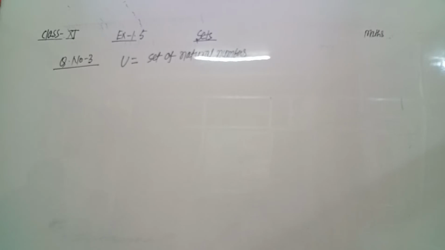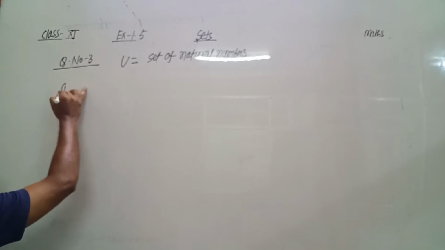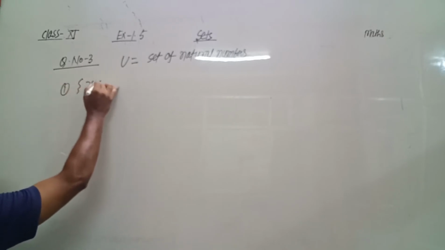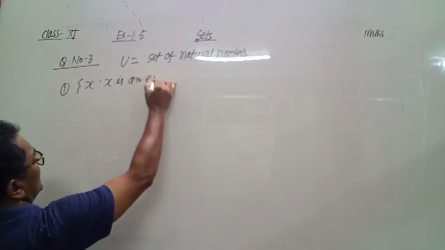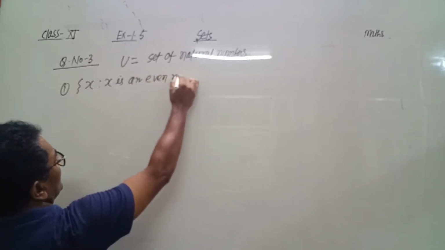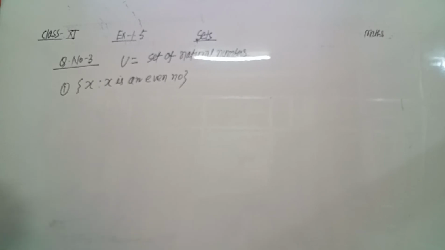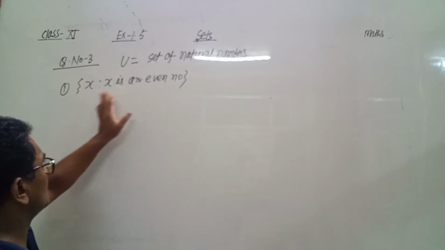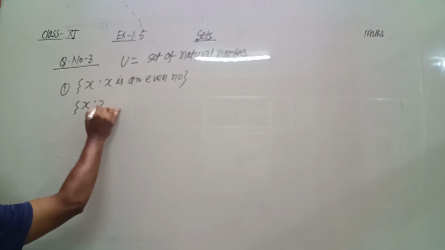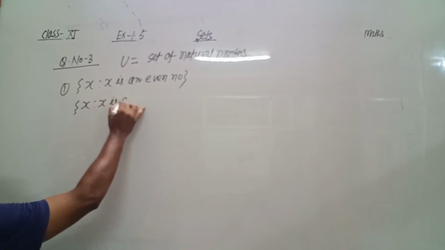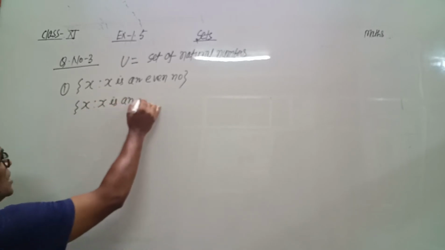The first part is {x such that x is an even number}. We have to find its complement. So its complement will be {x such that x is an odd natural number}.